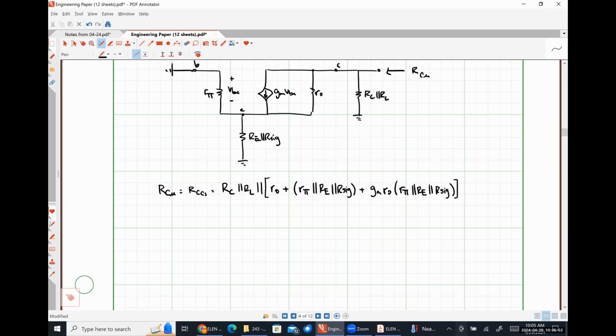And no derivation, because we've done it probably 10 times at this point. Looking into the collector terminal of a common emitter amplifier.